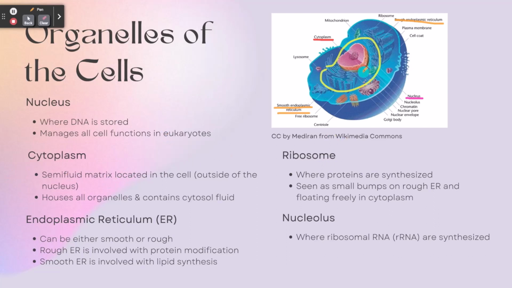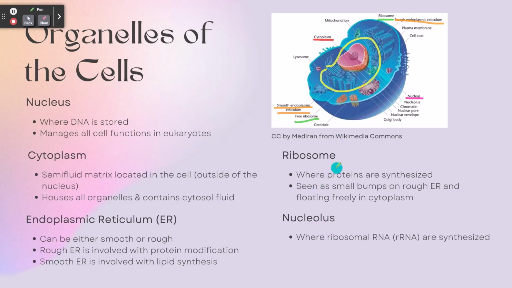So with the rough ER, which is up above, it is mainly involved with protein modification, while the smooth ER is involved with lipid synthesis. With the ribosome, which is located here, as well as at the bottom here, this is where proteins are synthesized.